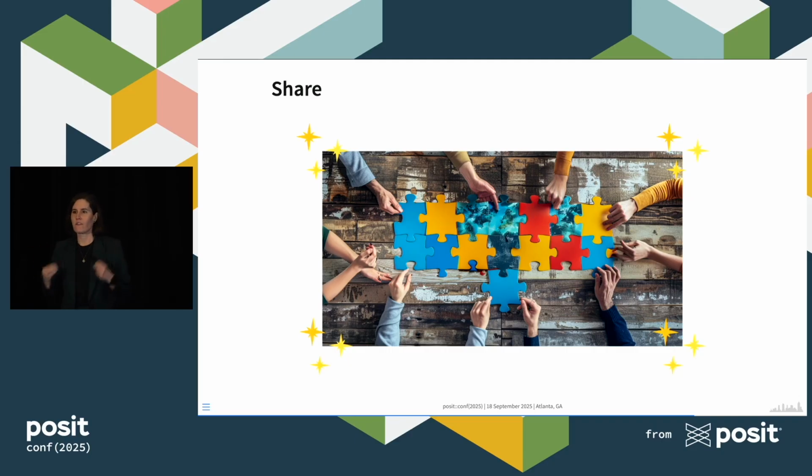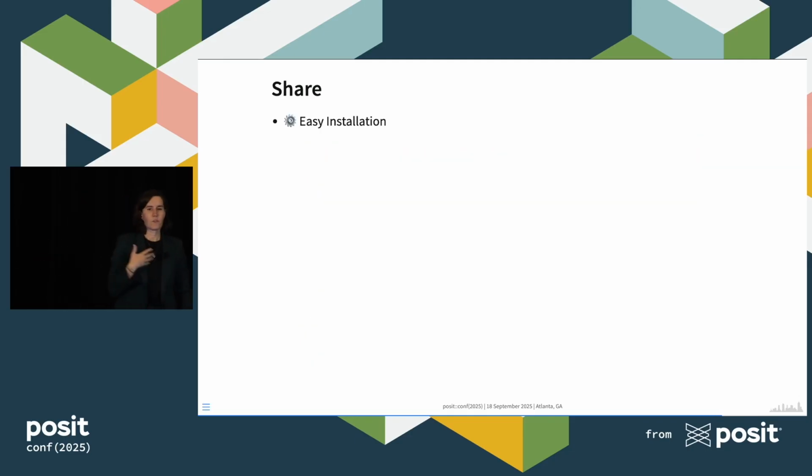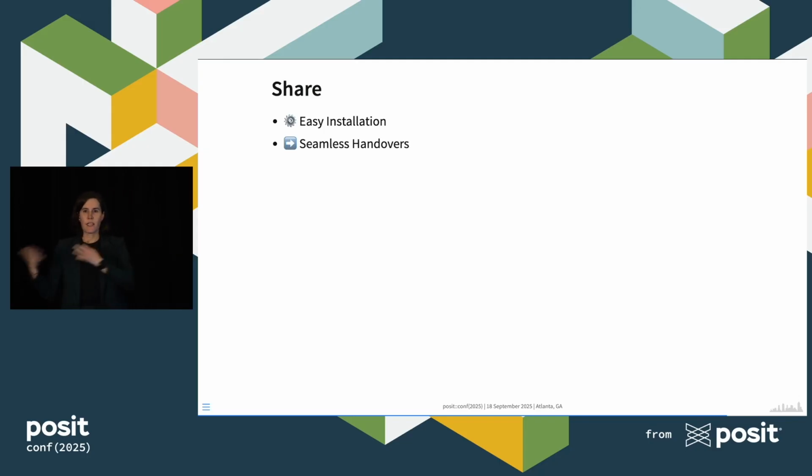Because now all of a sudden you have this beautiful, organized, standardized, documented, for lack of a better word, package that enables you to install it easily. So rather than having to source a bunch of separate scripts, you can install a package in one line of code. You also have a way to have seamless handovers. So it becomes very easy for you to onboard a new person, or even for yourself to come back to a project after 6 months.